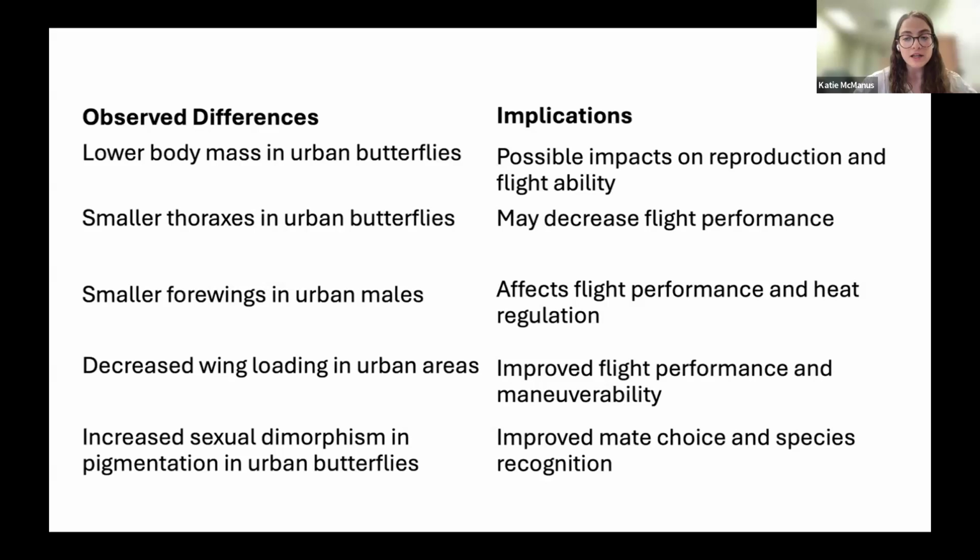Lastly, we also found an increase in sexual dimorphism of pigmentation in urban butterflies, and pigmentation is thought to be important for mate choice and species recognition in the species, so this may also have reproductive implications.